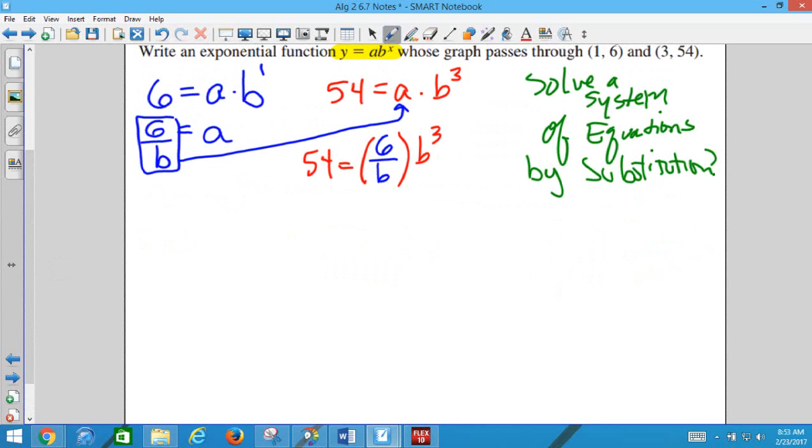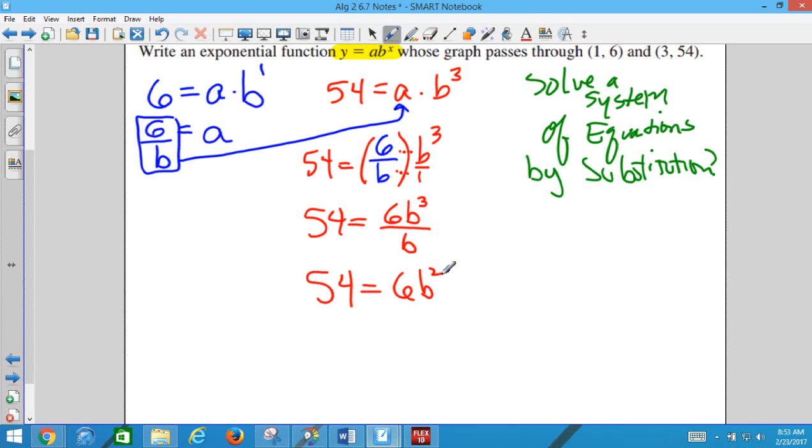And then we're going to solve this equation, because once you substitute, you only have b left, and we can solve for b. So I'm going to have 54 equals, b cubed is over 1, and I multiply straight across, and I get 6b to the third divided by b. And then we reviewed exponent rules. What do you do when you're dividing? You subtract the exponents. So we have 54 equals 6b squared.